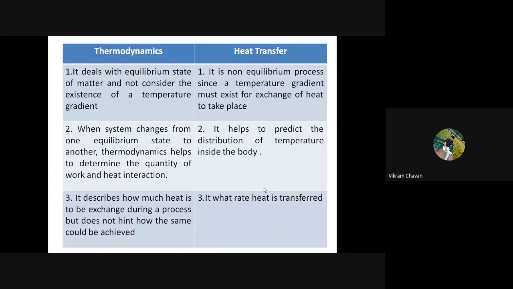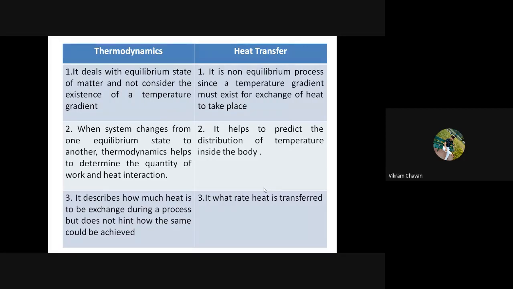Yes, it tells how much energy is required to convert the state from liquid to solid, or solid to liquid, or liquid to gas, but it will not tell us how much time is required to convert that state.